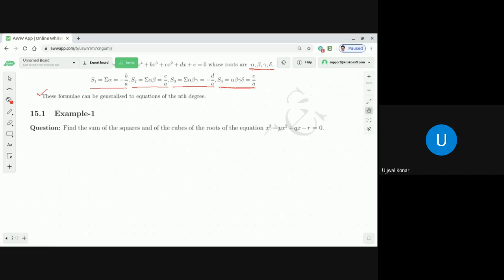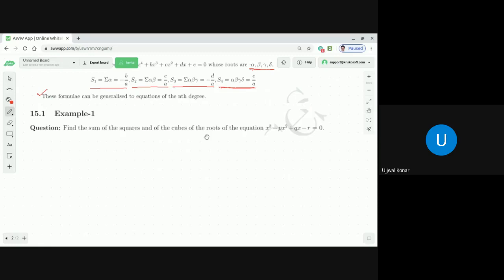Sometimes you see a watermark in the background, which is a portion from my study material that I'm showing here. But let's not concentrate on that, only on the equation.